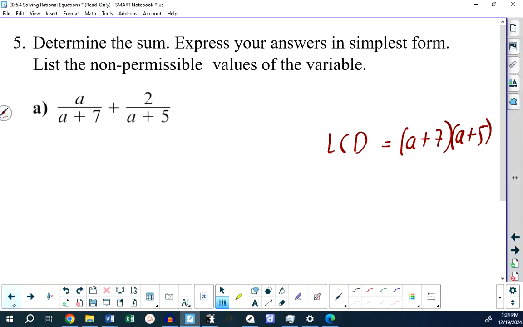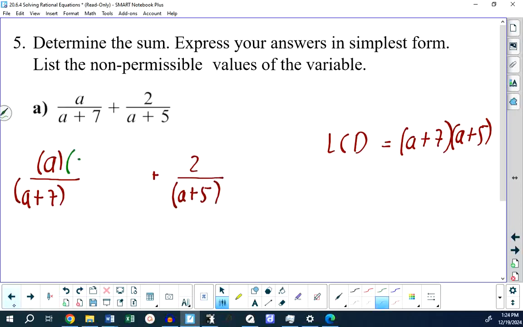Right. We want to convert both of these to fractions of the same denominator. So what you would be doing here is you would be having a over a plus 7 plus 2 over a plus 5. And you would say, well, I need to multiply top and bottom by a plus 5 here, and top and bottom by a plus 7 here.